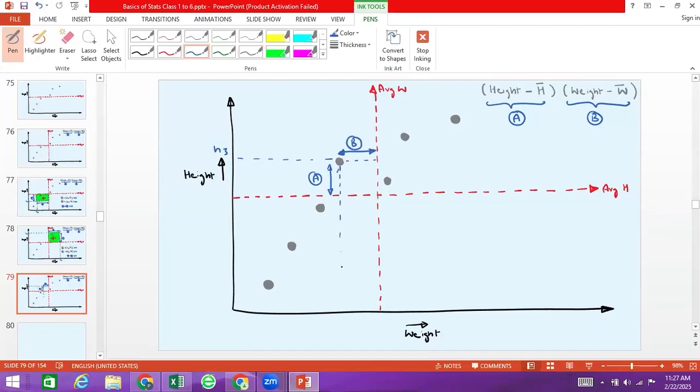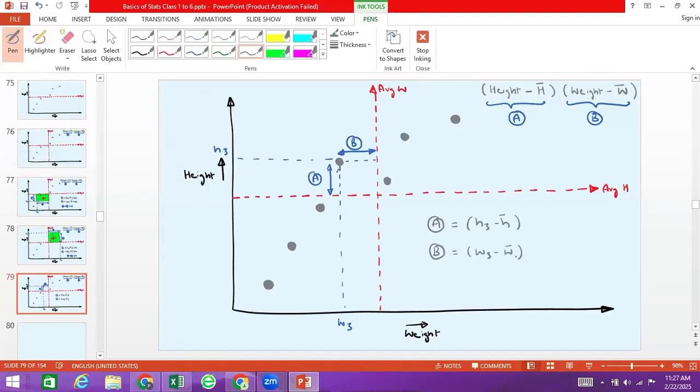This point W3. And if I calculate again the A, which was nothing but H3 minus H bar, and I will calculate B, which is nothing but W3 minus W bar.